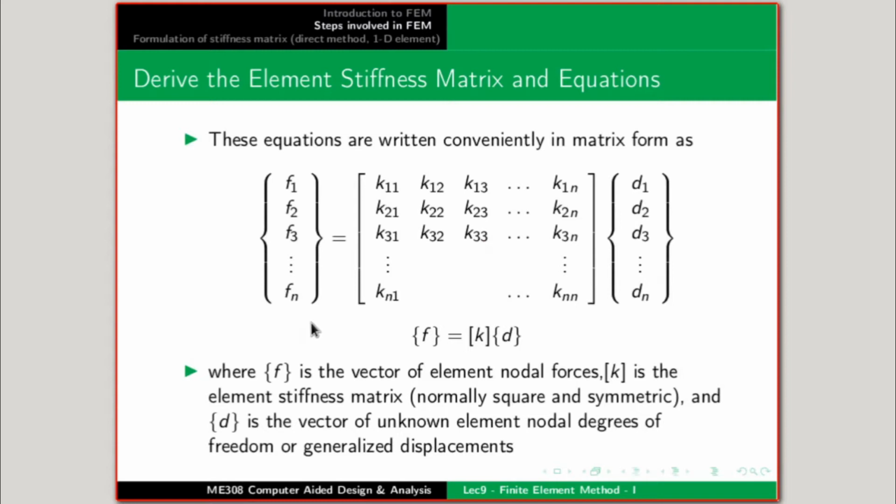For an element, a stiffness matrix is a matrix such that F is equal to KD, where F represents a matrix of nodal forces and D represents nodal displacement. For example, if we have a simple two nodal element like this, this is node 1 and node 2.